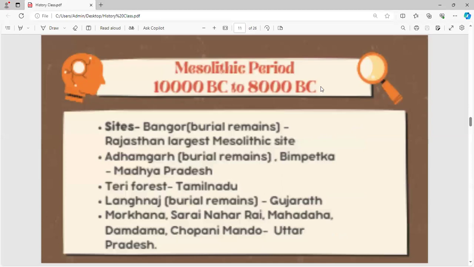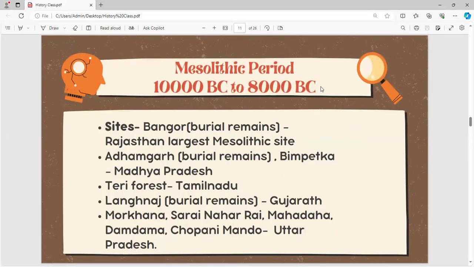Next, in this period, there are important sites. Bagor in Rajasthan is the largest Mesolithic site, and there are remains of burial evidence there.